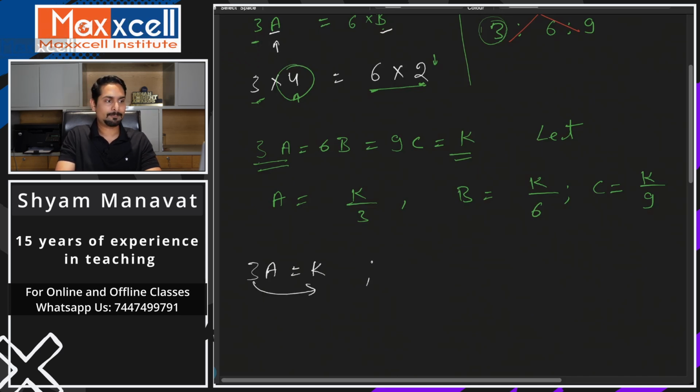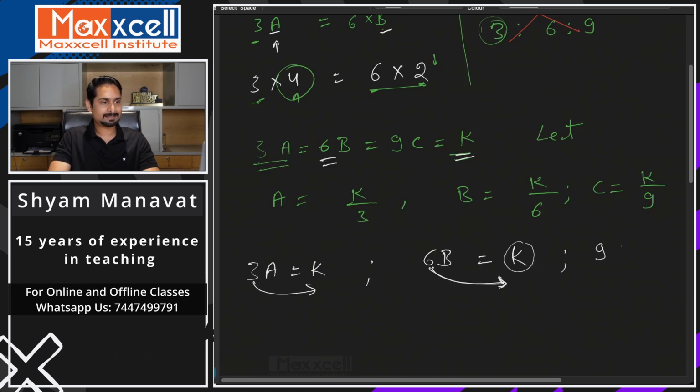Same for b. 6b equal to k, so I can say b equal to k upon 6, right? And same goes for c also, which is 9c equal to k, so I will say c equal to k upon 9.